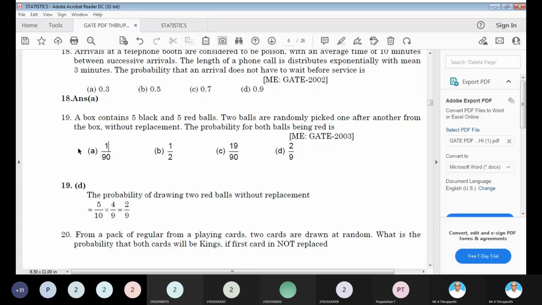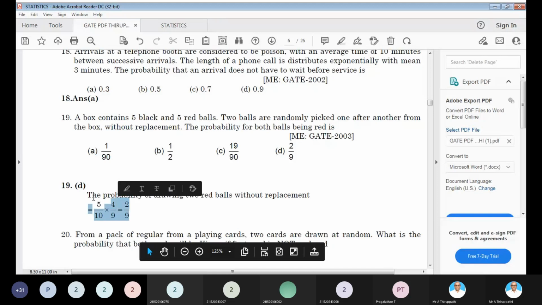So 5 into 4, 20 by 90. On simplification, 5 by 10 is nothing but 1 by 2, and 4 by 9, so we get 2 by 9.